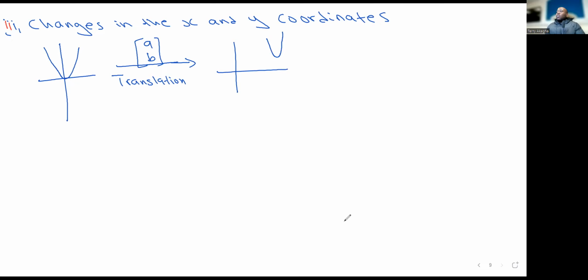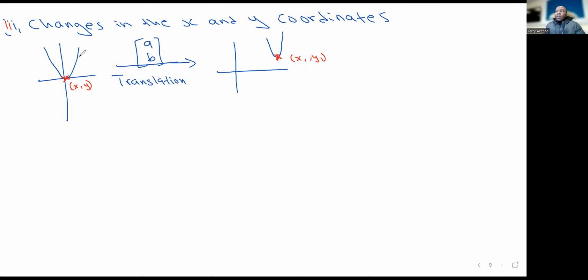Now, what I'm trying to say is that this graph is going to change. Let's pick a particular point, this point here. This coordinate, X and Y, that was in the initial graph, is now here, X1 and Y1. So the coordinates before translation are not the same as after translation.